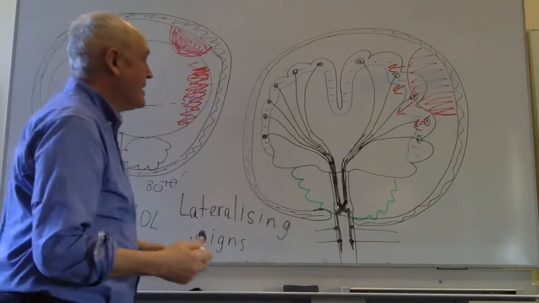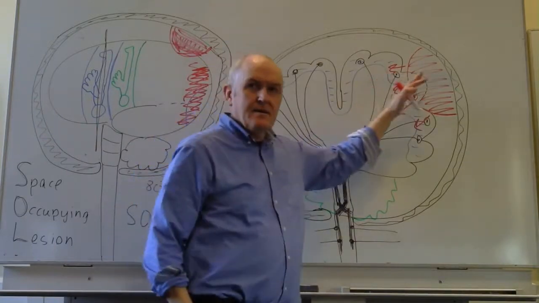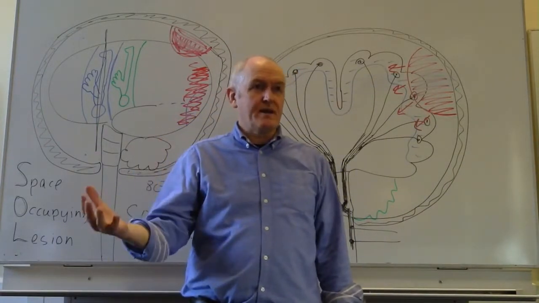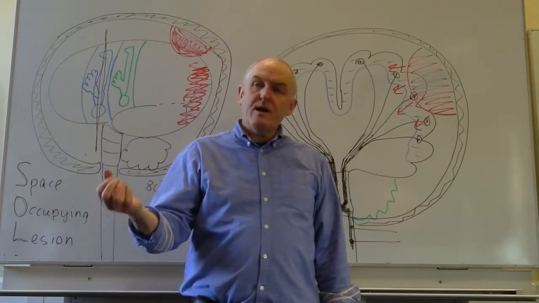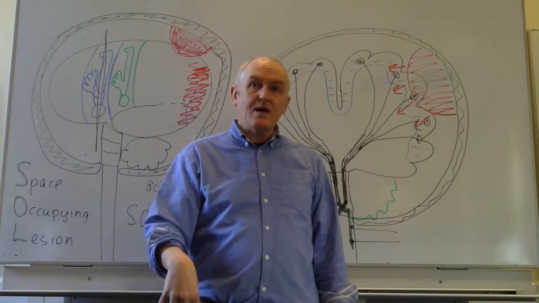And again, if this was getting bigger, if this was growing, could you see that the right side of the body might be getting progressively weaker? Or you might have started off with a weak arm, but then you develop a weak leg as well.